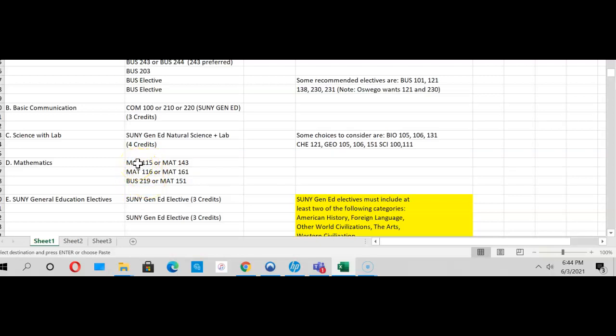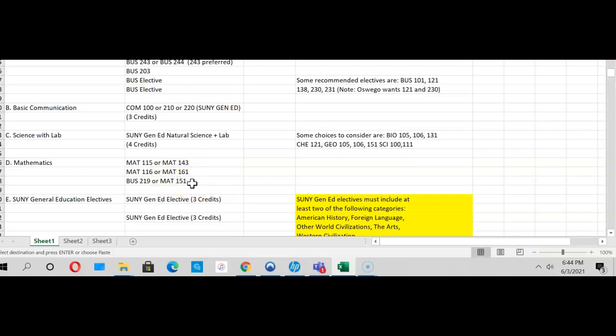If you are good at math, want to get a little deeper into math, or have career interests that require more math, maybe combining business with something more technical like engineering, you're better off with the second choices. Math 143, then go to Math 161 and then Math 151.